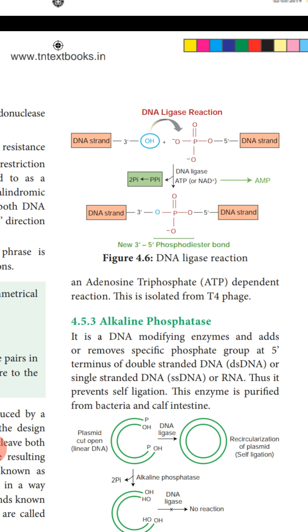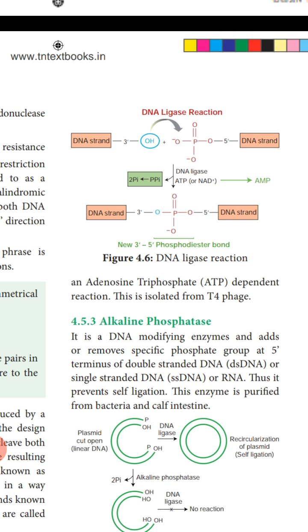Here you can see the DNA ligase reaction. A DNA strand with a 3' end is there and another DNA strand with a 5' end is there. The DNA strand with the 3' end has the OH, and the other has the PO4. The bond is developed between this OH and PO4, so ligation is done here. This is an adenosine triphosphate dependent reaction, so an ATP is required. The ATP is utilized for this bonding, and as a result we get a phosphodiester bond between the 3' end and 5' end of the DNA strand.